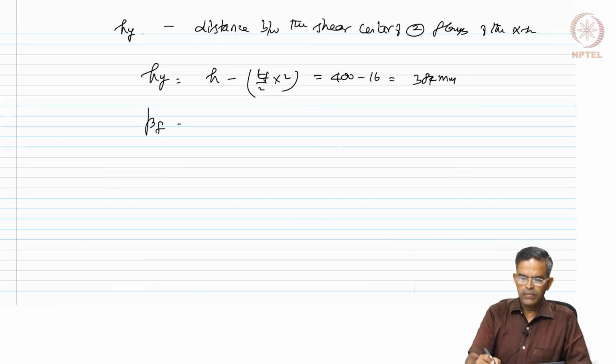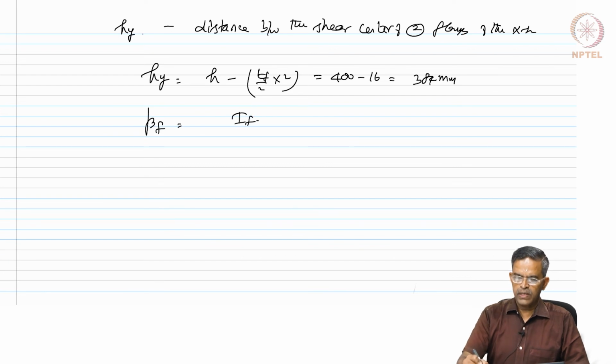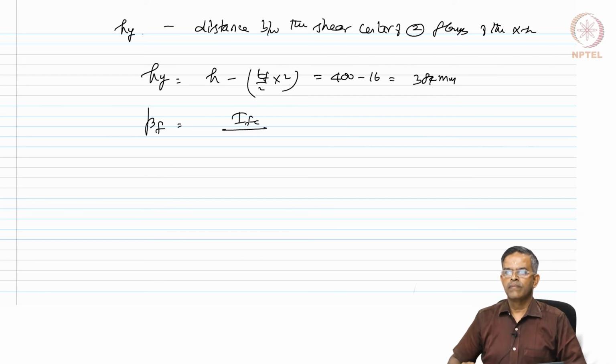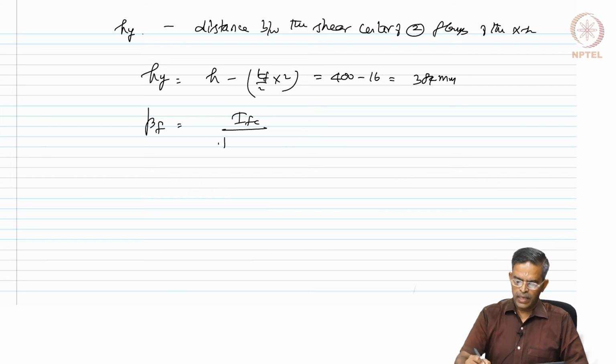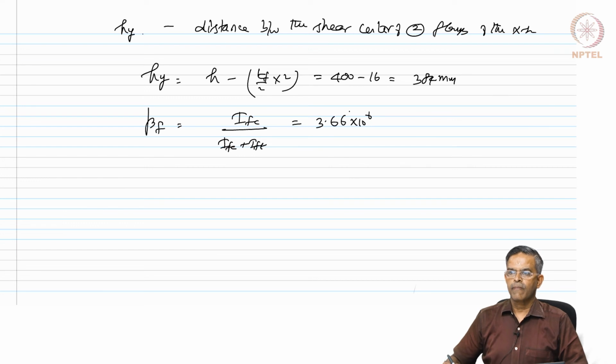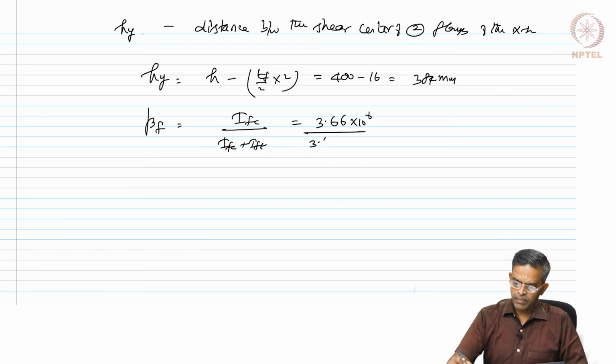Beta f, which is IFC by IFC plus IFT, which is 3.66 10 power 6 by 3.66 10 power 6 into 2, which is 0.5.